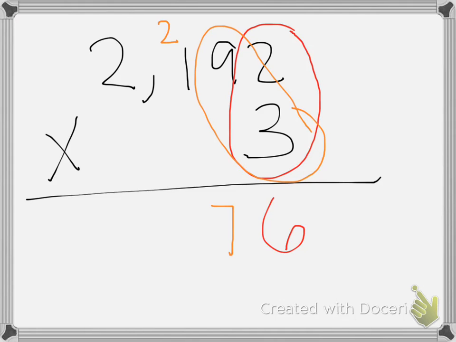Now I need to multiply the hundreds. 3 times 100 is 300 plus the 200s from step 2. So 300s plus 200s is 500s. And I'm going to write 5 below the 1.